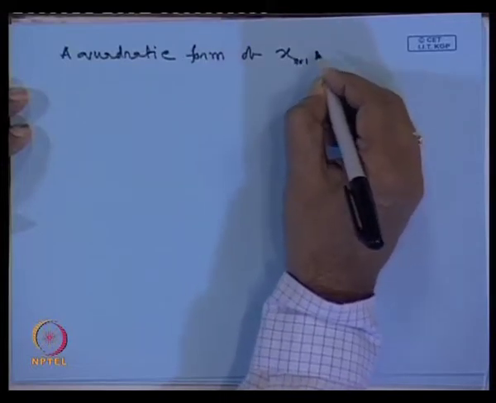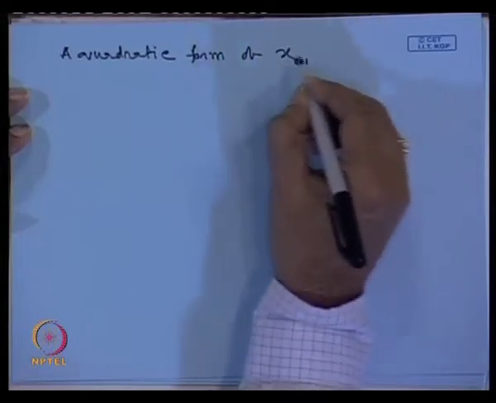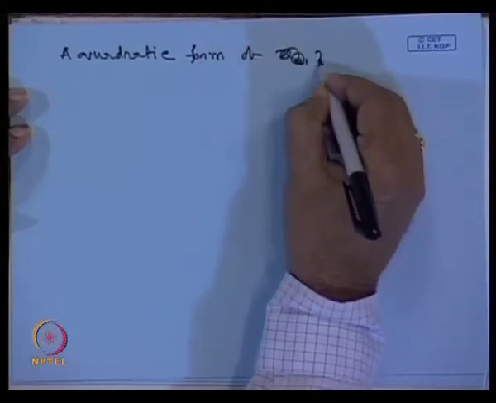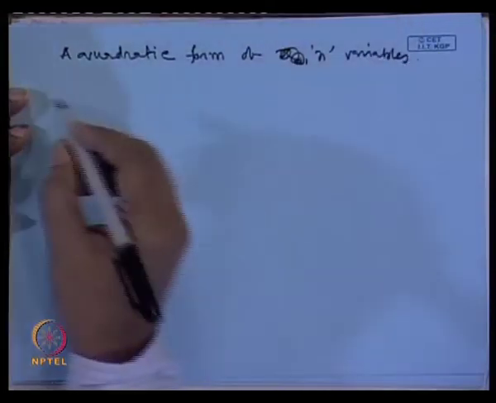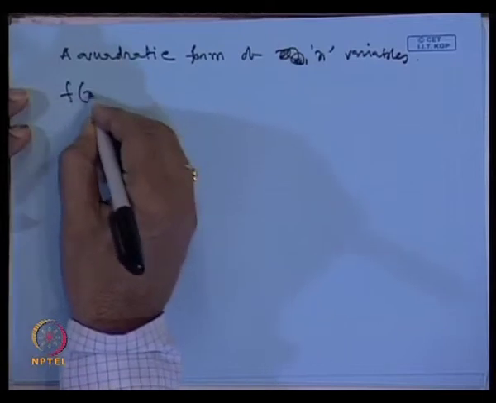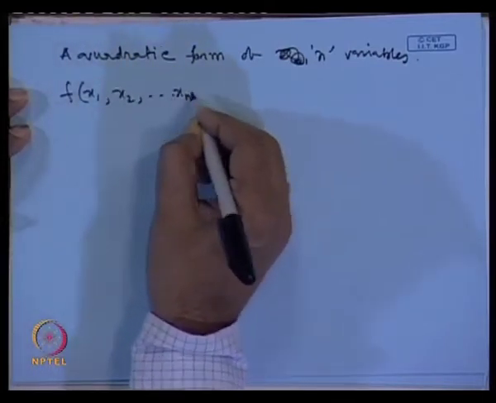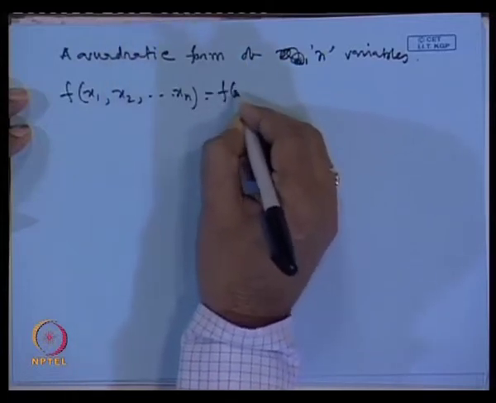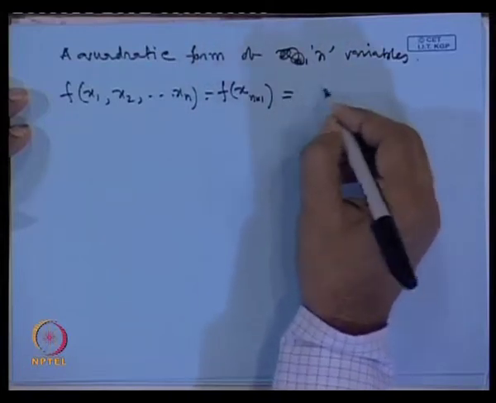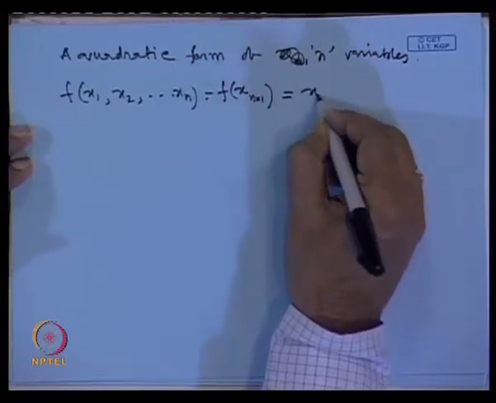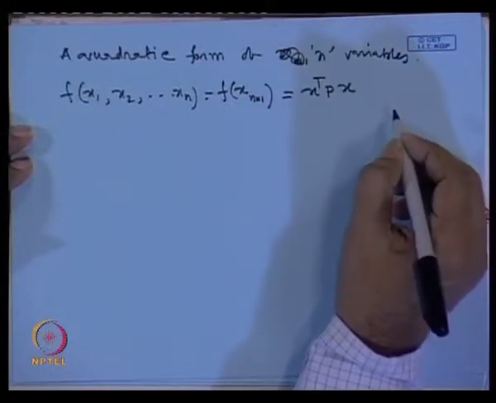What can we write? f is a function of x 1, x 2, dot dot x n, which in vector form we can write, x of dimension n cross 1, this is equal to x transpose P x.